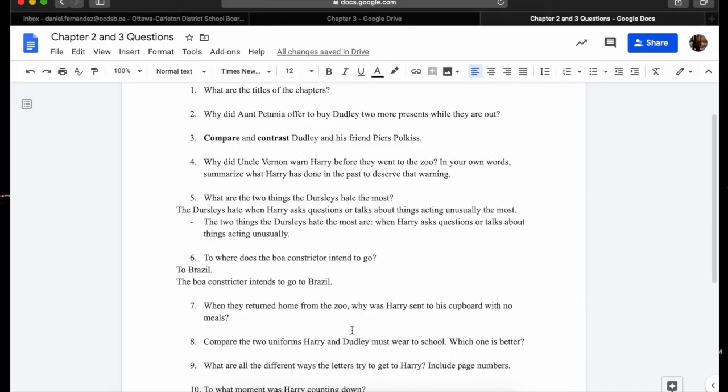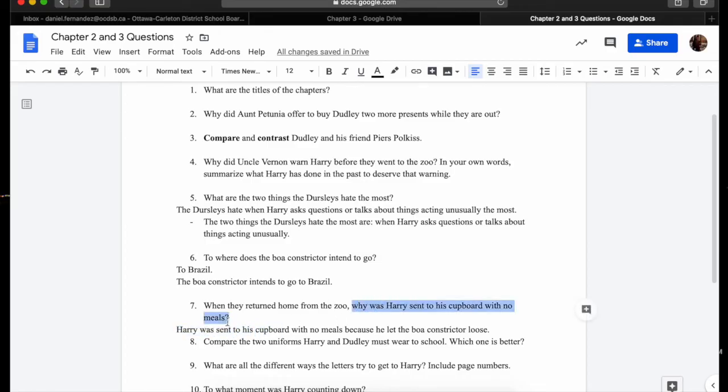And so a level 2+3 answer would be, Harry was sent to his cupboard with no meals because he let the boa constrictor loose. That's your level 2, level 3. Because you are doing what's right.